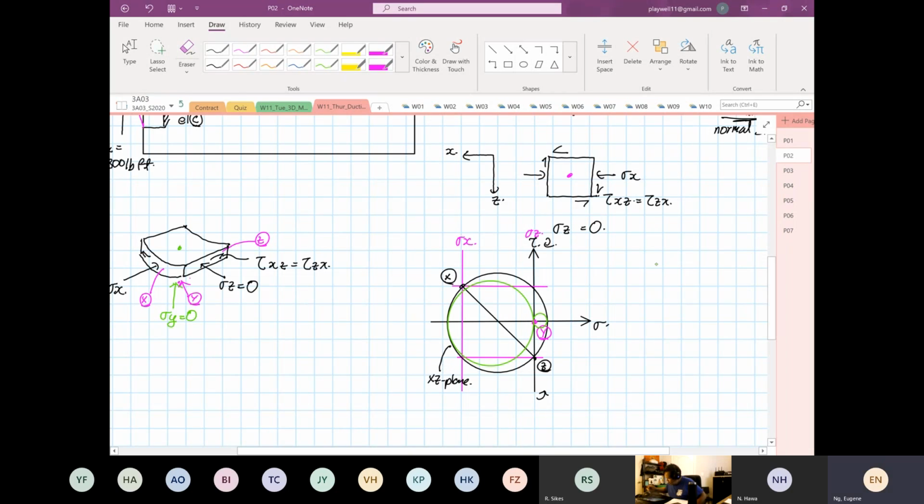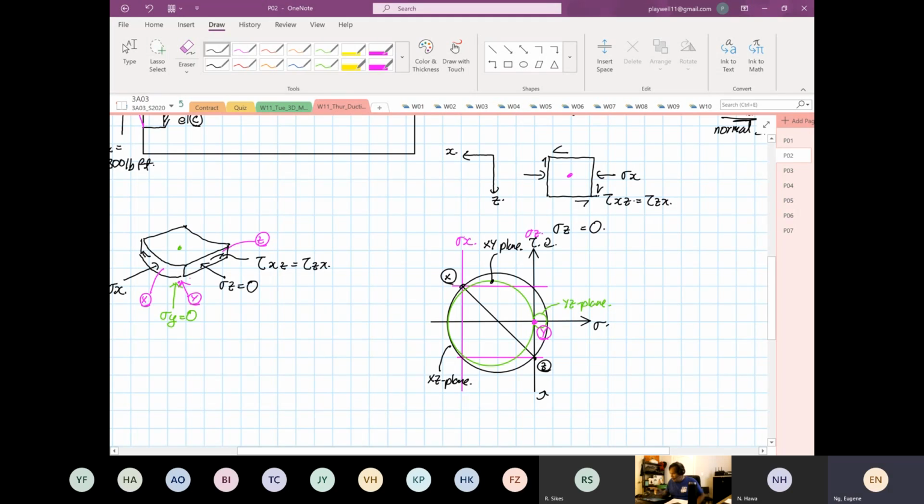Okay, so the other circle, this one is for your YZ plane. And then the other circle over here corresponds to your XY plane.